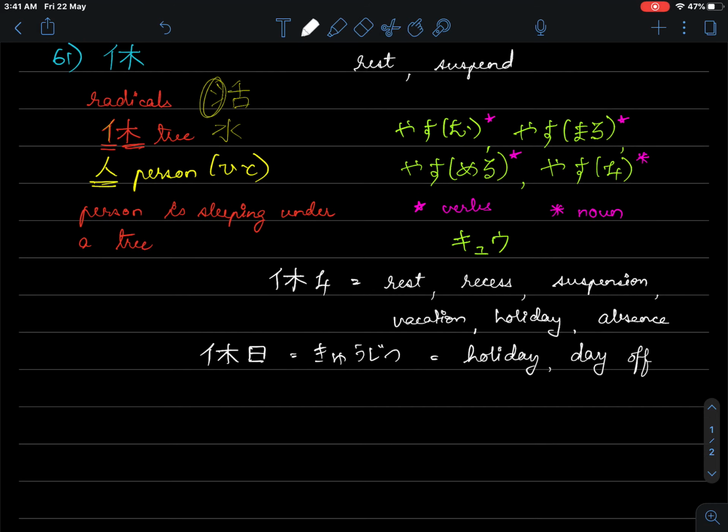Now let's have a look at the next word. That's not a very pretty kanji, so let me just redo. Oops. That came out much better.